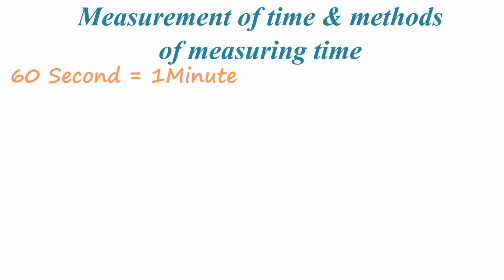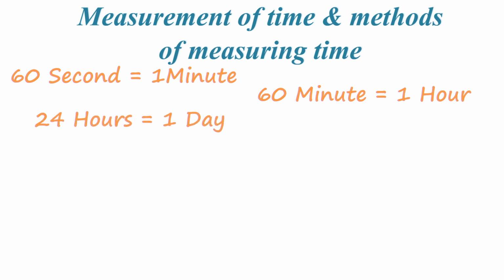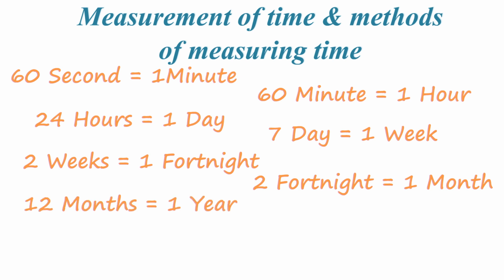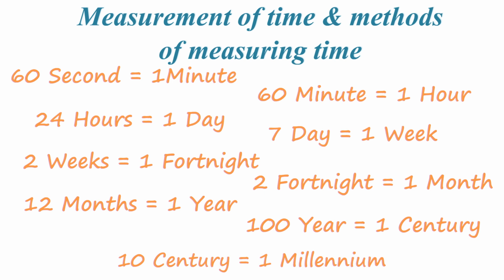60 seconds is 1 minute. 60 minutes is 1 hour. 24 hours is 1 day. 7 days is 1 week. 2 weeks is 1 fortnight. 2 fortnights, 30 or 31 days, is 1 month. 12 months is 1 year. 100 years is 1 century. 10 centuries is 1 millennium.